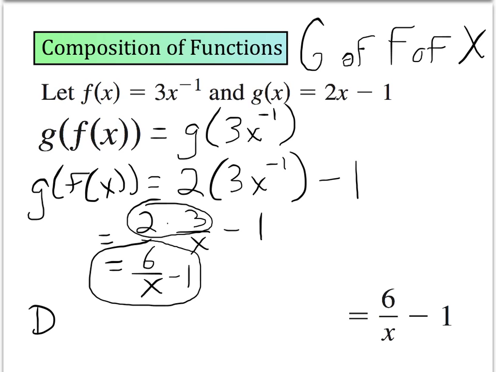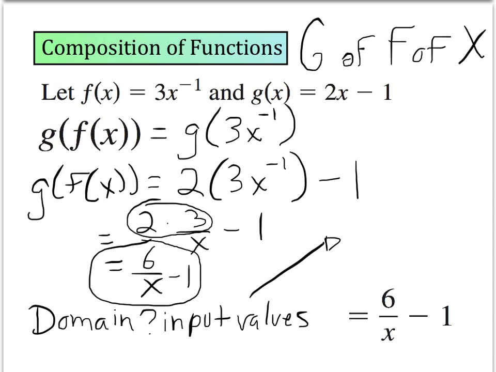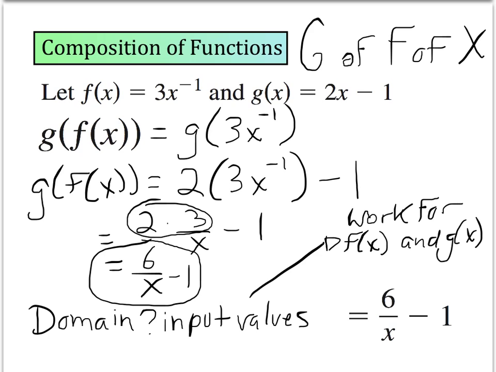Now in this function we want to figure out what the domain is. Like I said, the domain is the input values, but we need to figure out which input values work for f of x and g of x.